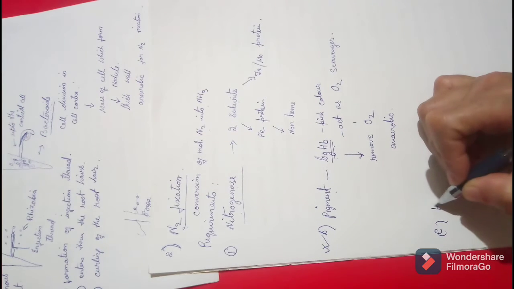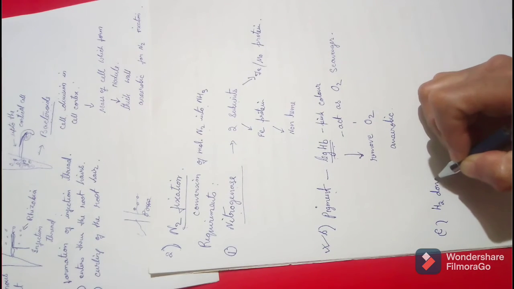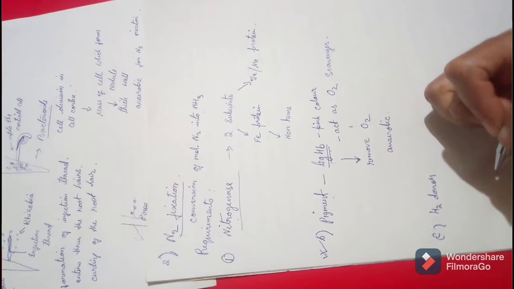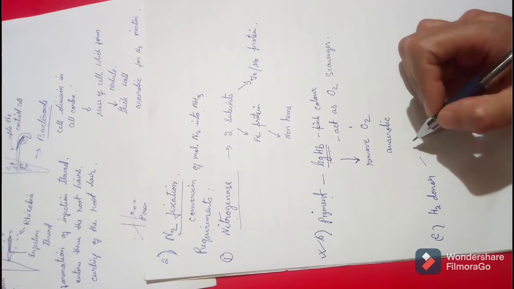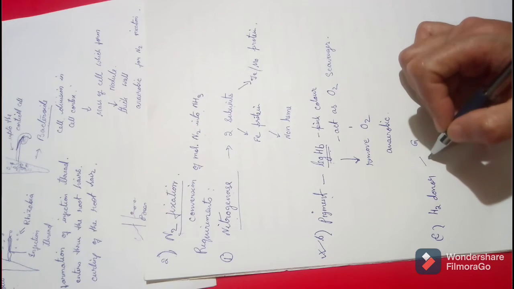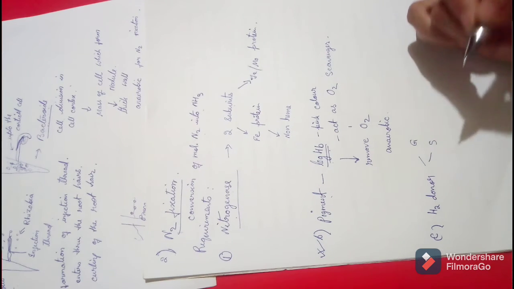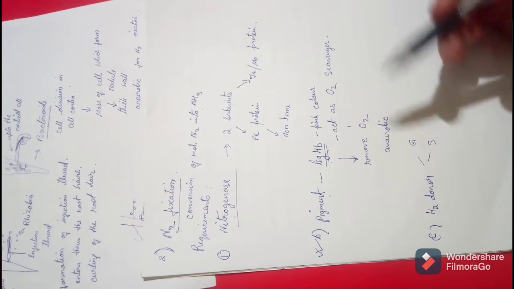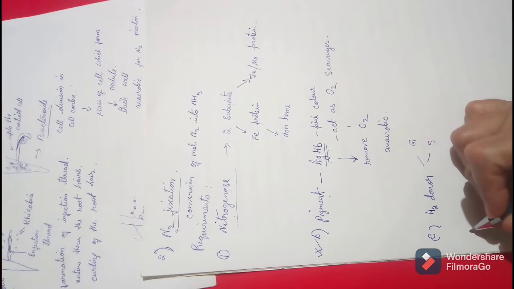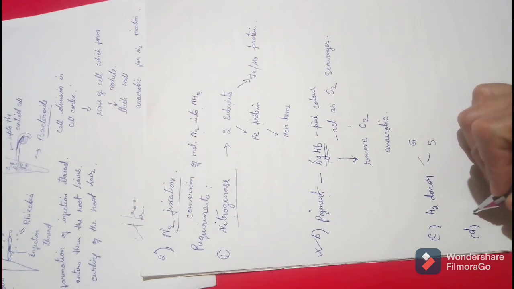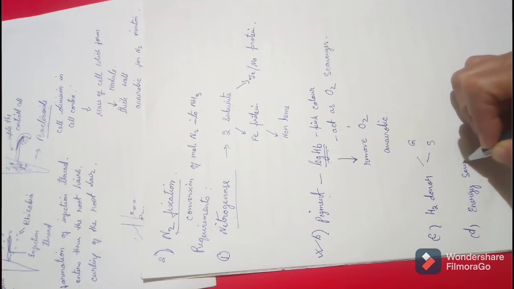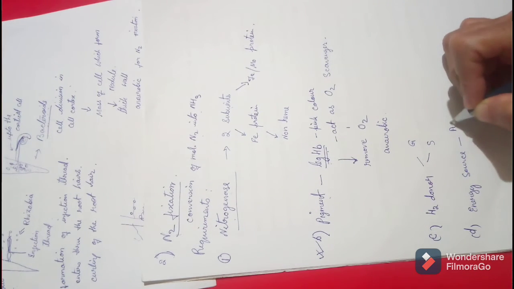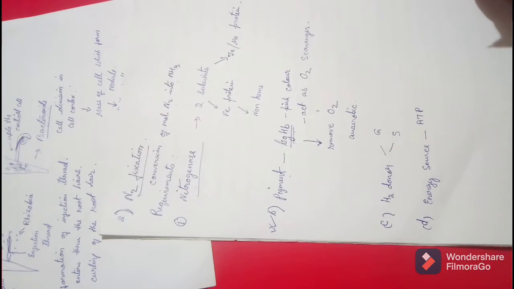And the third one is the hydrogen donor, that means the proton donor. We need the proton donor, which can be obtained from sources like glucose, sucrose, and other sources. Then the fourth requirement is the energy source, which can be obtained from ATP molecules.